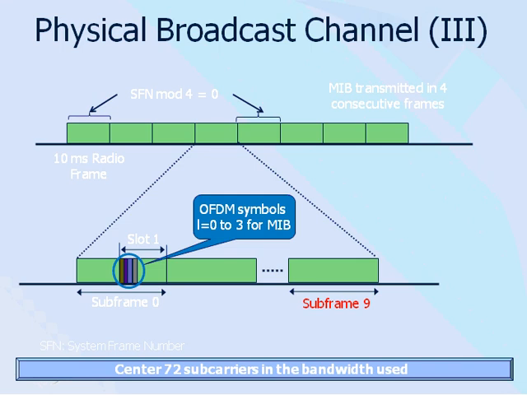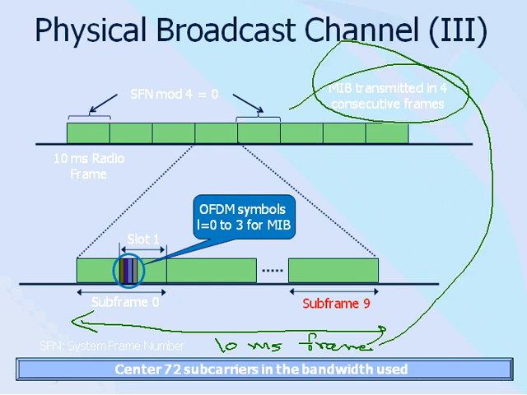So let's pick, let's say, a 10 millisecond radio frame, and 4 consecutive frames will carry the master information block. So the same information is in 4 consecutive frames. 4 consecutive 10 millisecond frames will carry the MIB.